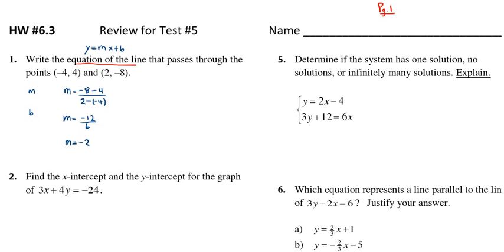And now we can use the slope in one of the points. Let's say for the second part, we can use the slope in one of the points to find the y-intercept. We're going to use the equation in slope-intercept form. y is equal to mx plus b. Substitute the y from the point. The y is -8.